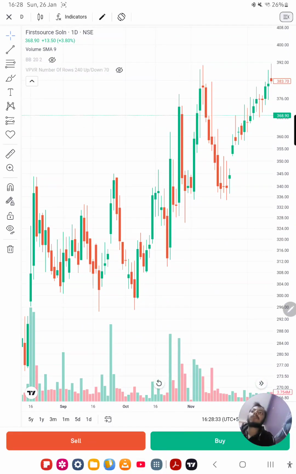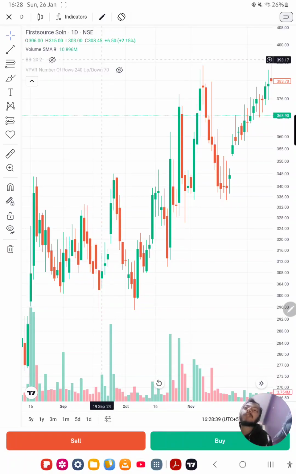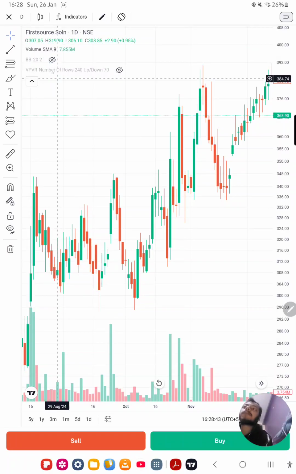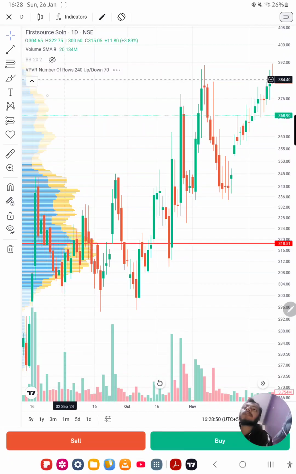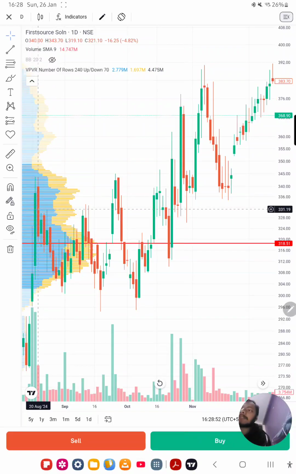What volume profile does is that it plots volume with respect to price. For example, this comes as an indicator, and I have used this indicator, and now you can see the blue bars and yellow bars on the left side.